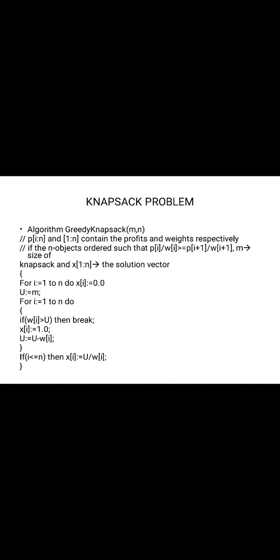That is the best solution. How many objects we consider into the bag is represented with xi equal to 1, and which is not included into the bag is treated as 0.